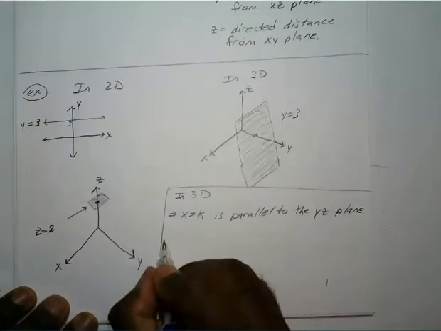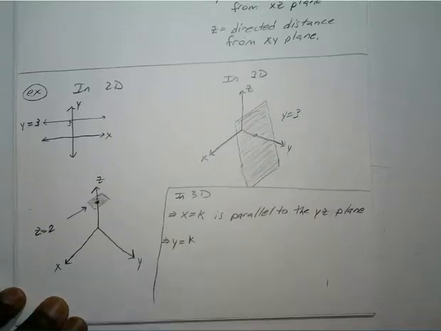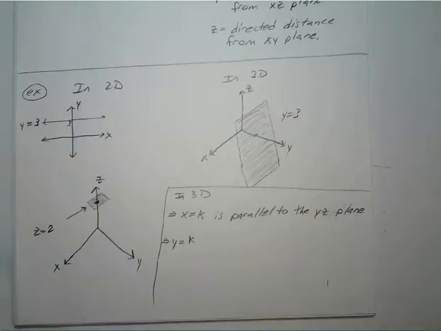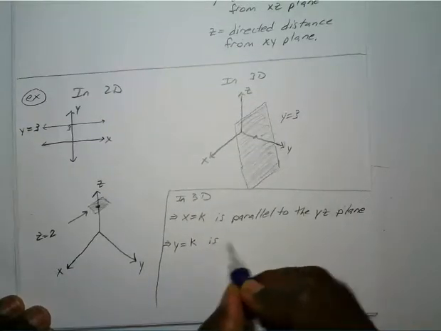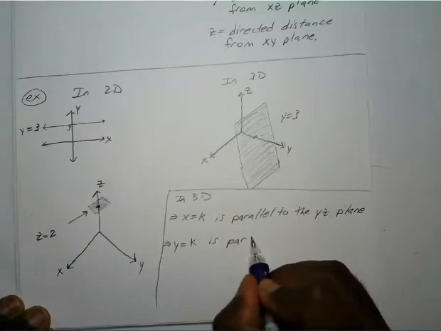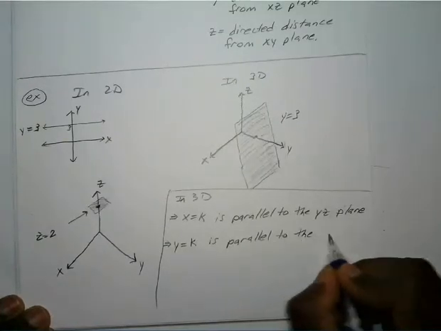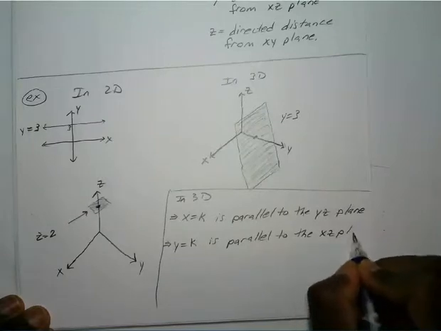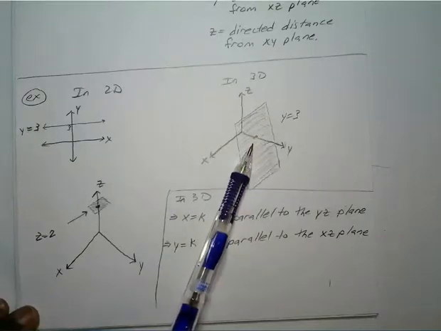Okay, now if we had Y equals some value of K, could be 1, 2, 3, 4, 5, 2.5, whatever. It could be any value at all. Okay, that is parallel to the XZ plane. Now that may be a little easier to visualize because this is what we have here.